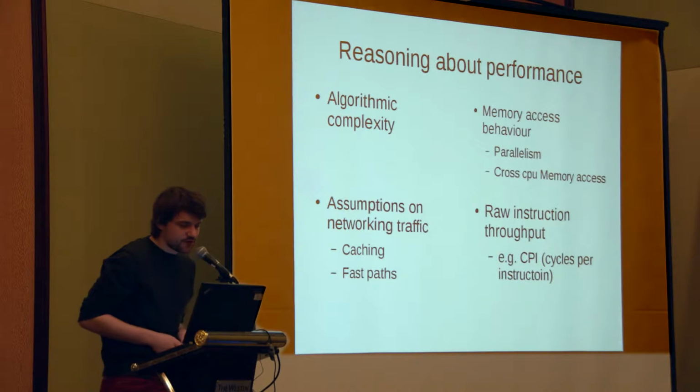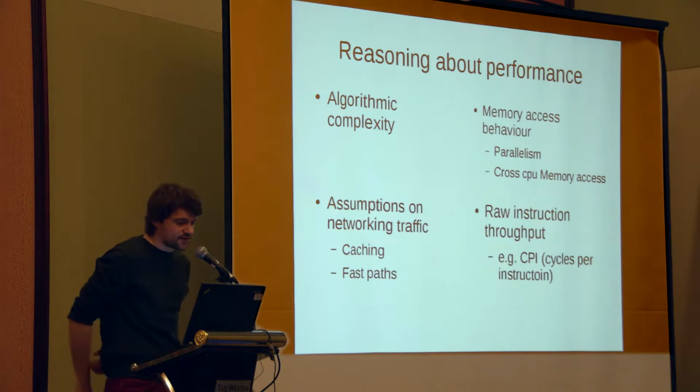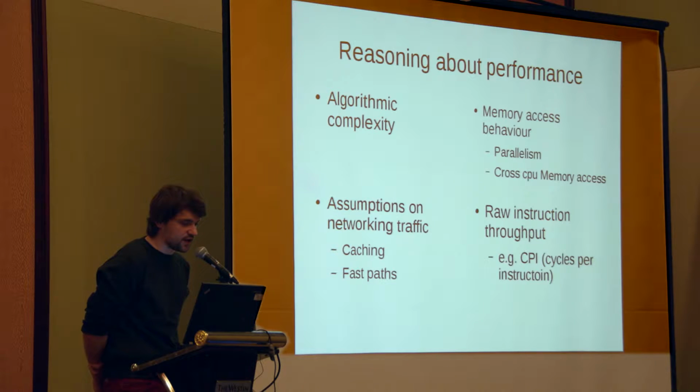So there are basically four areas if we look at networking performance in the current kernel. We tend to have algorithmic complexity, which is about how algorithms are built. For example, there were recent optimizations in the FIB table by Alex, which gave a lot of gain in terms of performance.